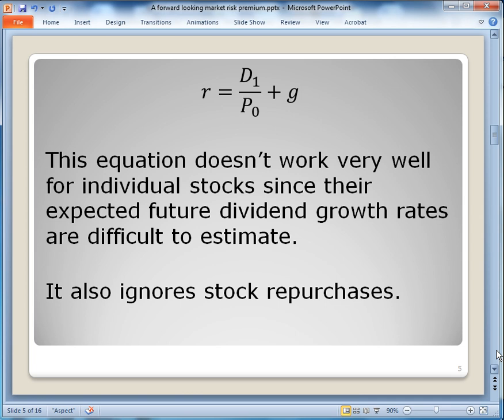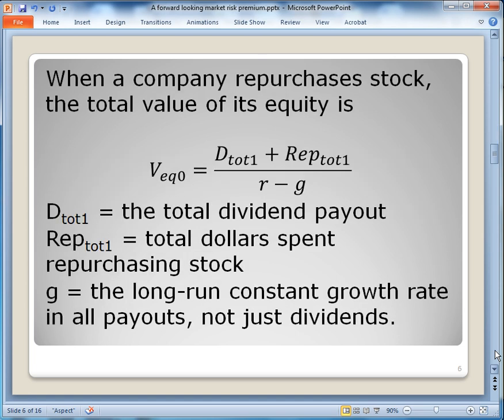So another way of using something like the dividend growth model to value stocks that includes repurchases is to recognize that the total value of a company according to this dividend growth model type formula is the present value of all of the future dividends and repurchases that this company is expected to pay out into the future.